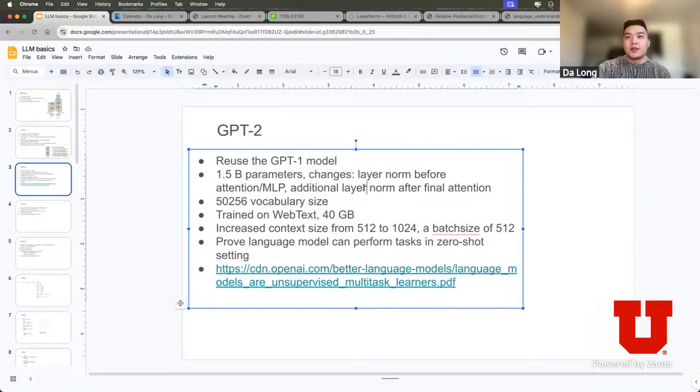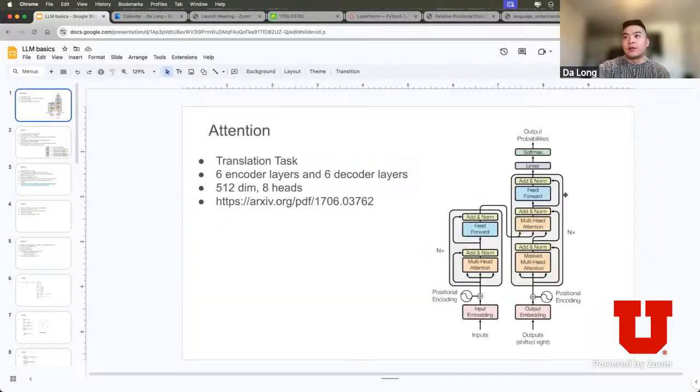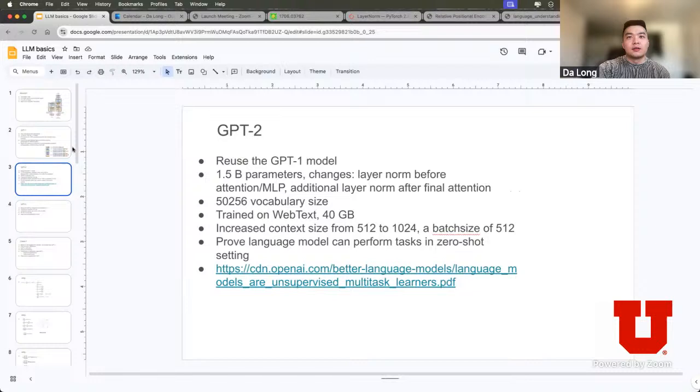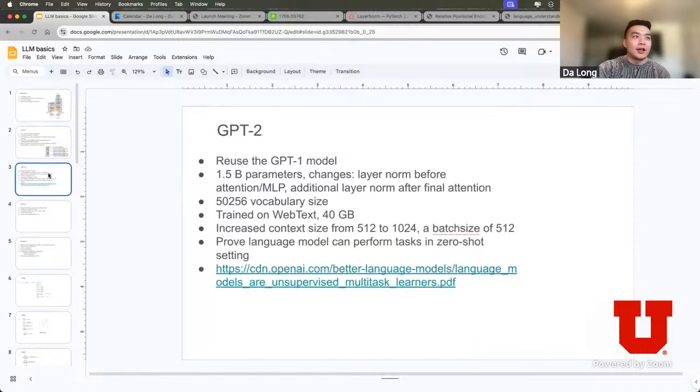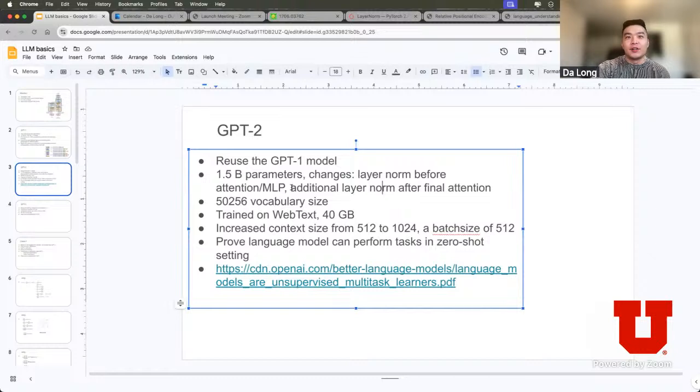In this paper, they put the layer norm before each attention and MLP block, and another change is they add an additional layer norm after the final attention. What does it mean by final attention? In the paper, they say they add an additional layer norm after the final attention.